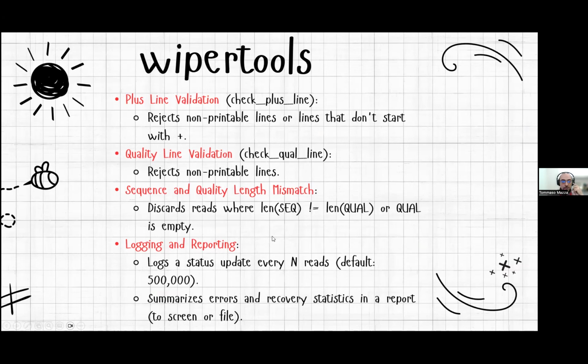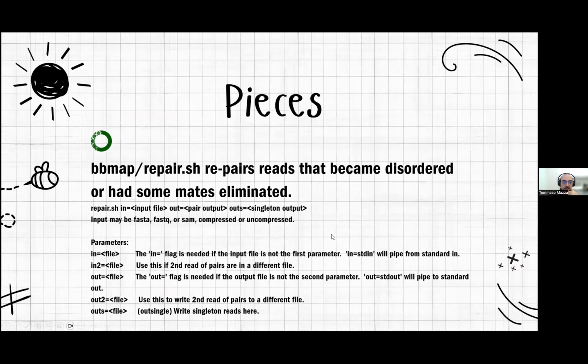And so, as I anticipated before, FASTQ Wiper also logs after n reads. You can specify this and it gives you a report of the recovery statistics to screen or to file. Okay, so after that, FASTQ Wiper gives us all the chunks of the original FASTQ file, clean.